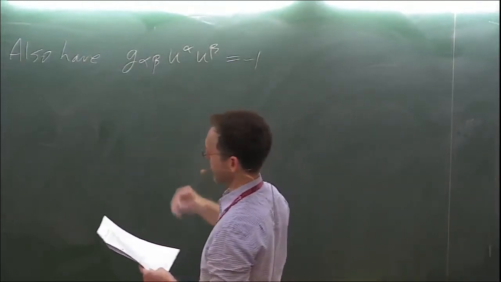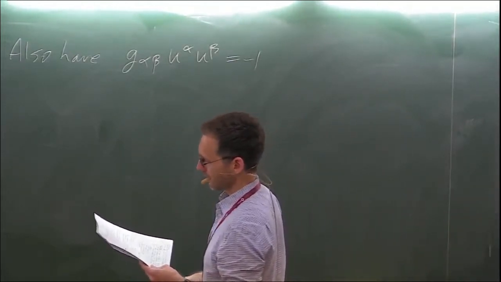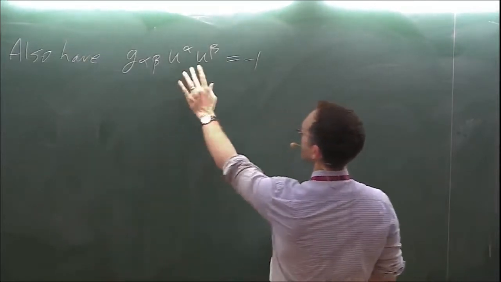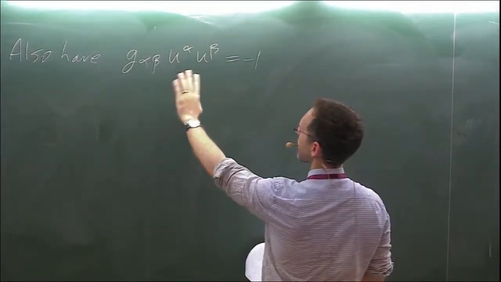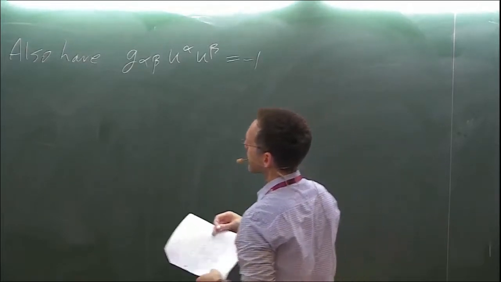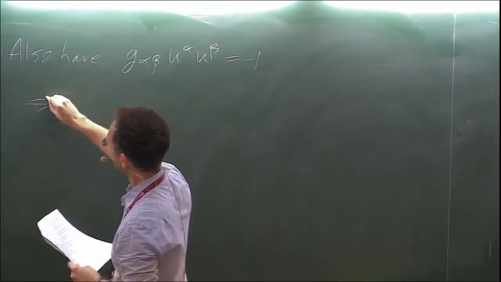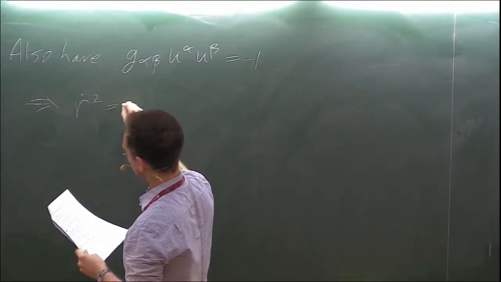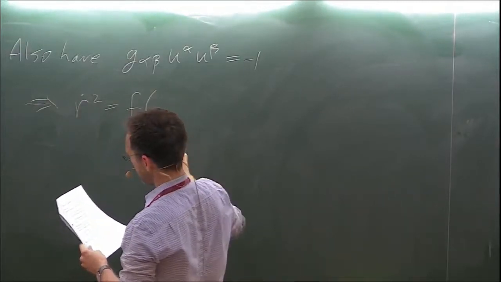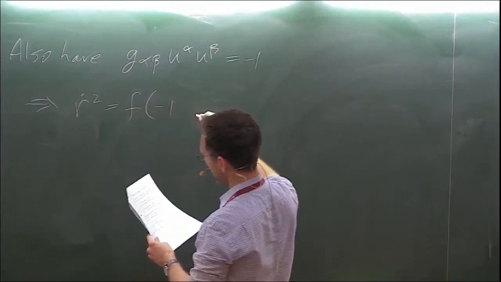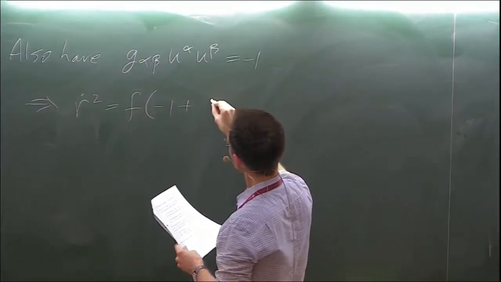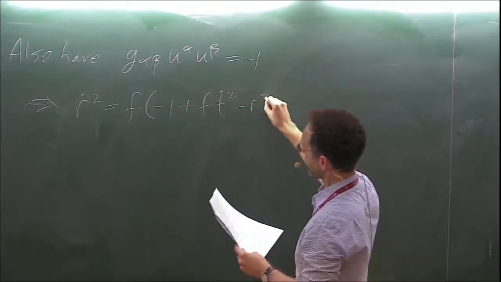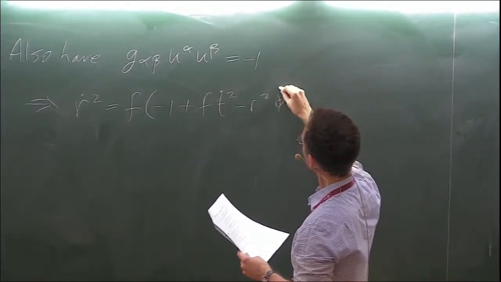It's just using the normalization with the proper time. So here you'll have a term that's t dot squared, you'll have a term that's r dot squared, you'll have a term that's phi dot squared. So I'm just going to solve for the r dot term. We have r dot squared is f times -1 plus f t dot squared minus r squared phi dot squared.